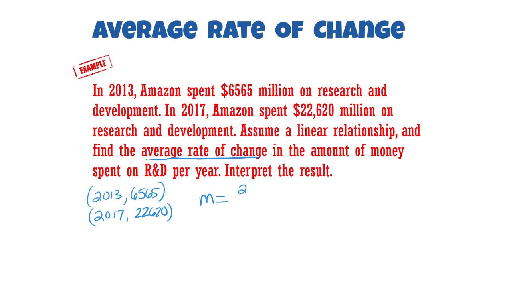Slope is y minus y over x minus x. All right, I know my denominator is going to be a 4, and I didn't have my calculator ready, sorry. All right, so then I'm going to do 22620 and subtract the 6565.